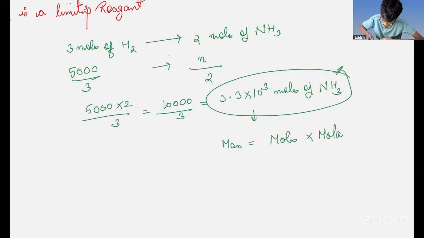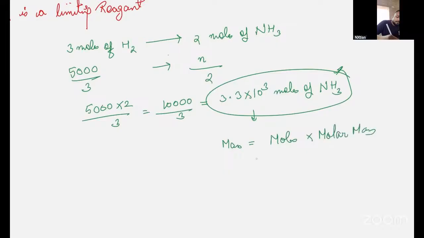So what is moles? 3333.3 into the molar mass, which is 14 and 3, 17. Very good. So it will be around 56.1 kilograms. If you multiply it you will get n, and you divide by 1,000, then you will get the perfect answer.